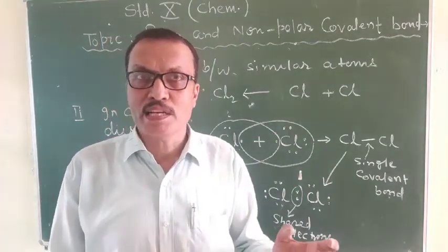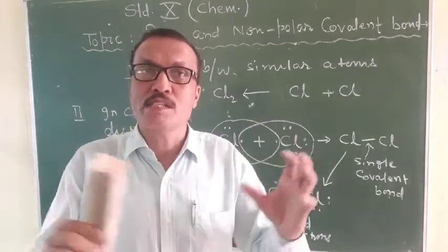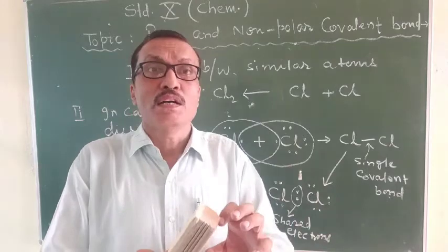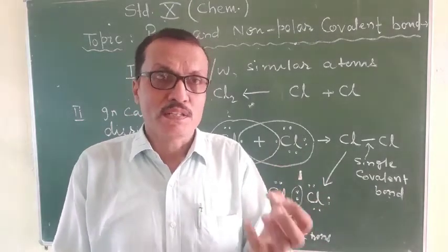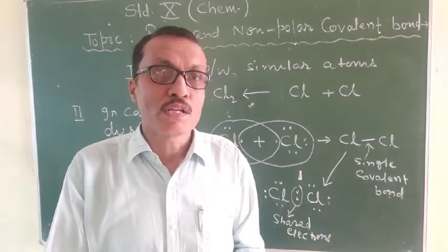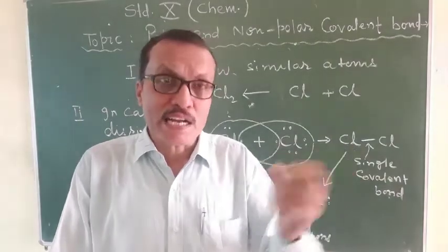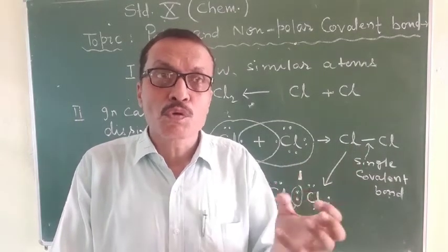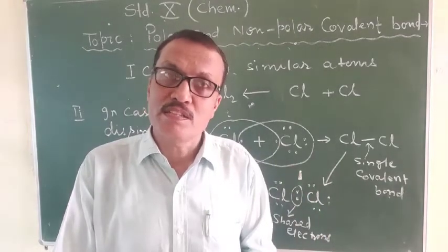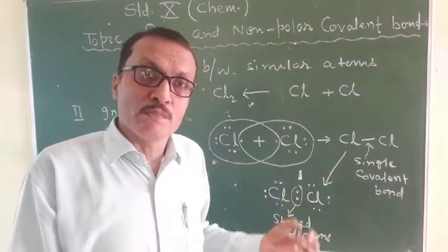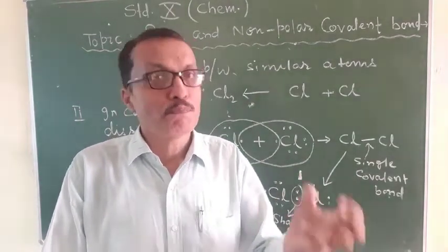So students, you have to keep in your mind polar covalent bonds form between two or more dissimilar atoms, and due to dissimilar atoms, the electronegativities of both atoms are not similar. So the atom which is more electronegative attracts the shared electron more towards itself, and that's why it acquires a partial negative charge, and the atom which is less electronegative acquires a partial positive charge.